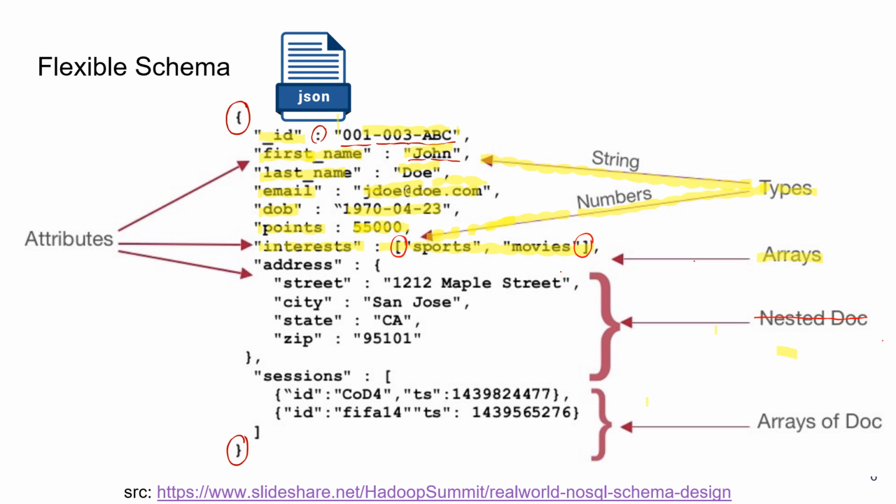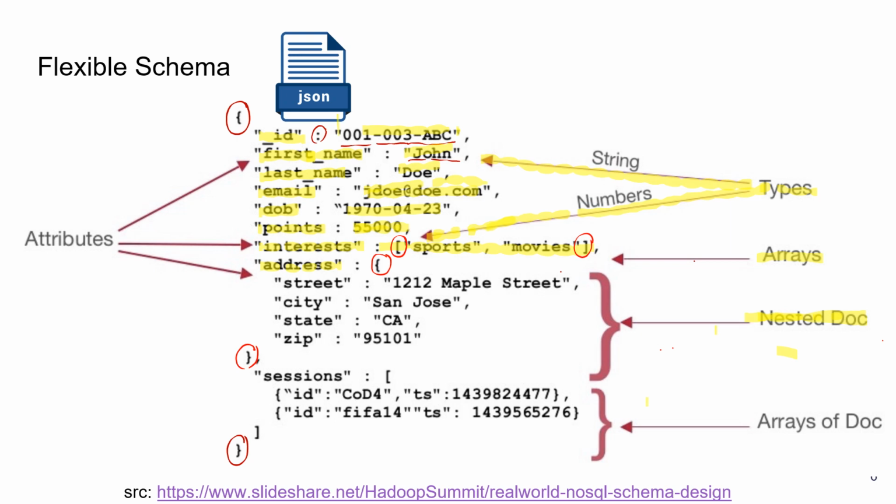And the next structure is a nested document. In this example, it is for the attribute address, and the value associated with the attribute address is a document.